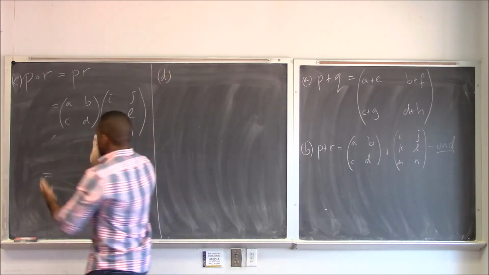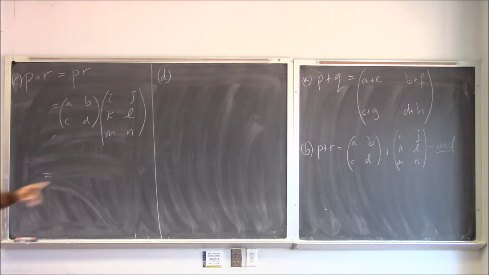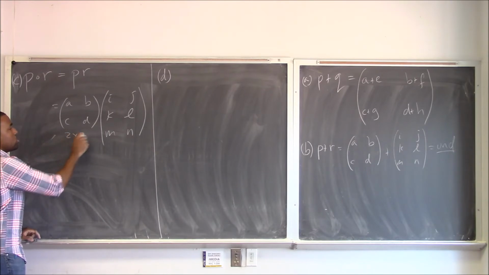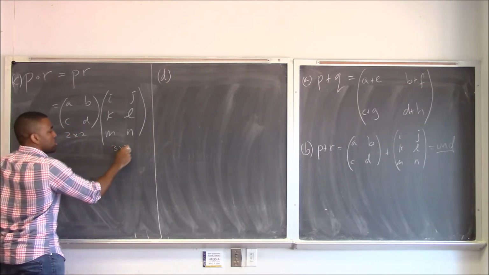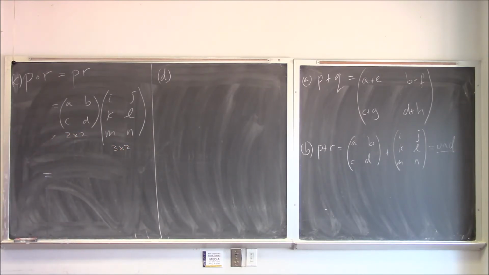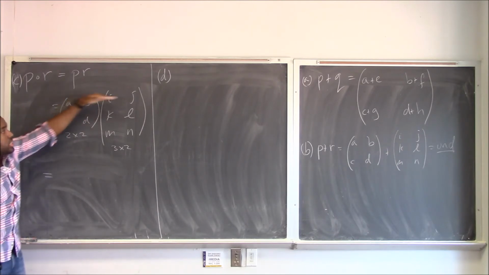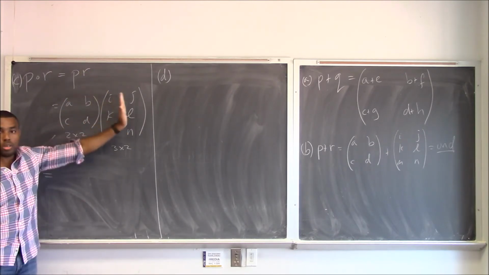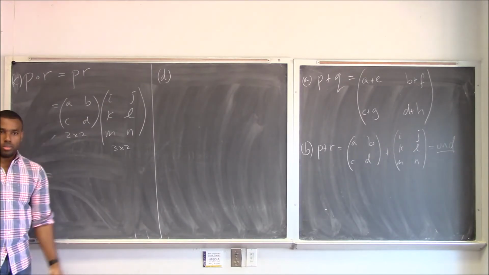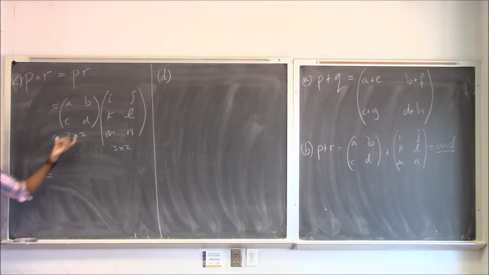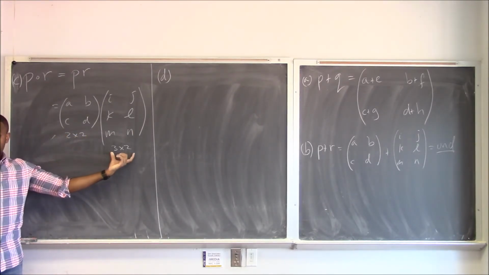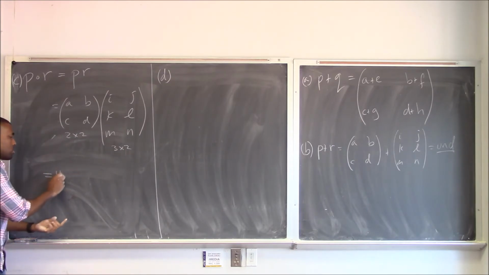I'm going to take the convention of describing the sizes of these guys. I call this a 2 by 2, and I call this a 3 by 2. So I'm going to be naming these objects based on how many rows and how many columns they have. So this has 2 rows, 2 columns, a 2 by 2. This has 3 rows, 2 columns, a 3 by 2. Didn't work.